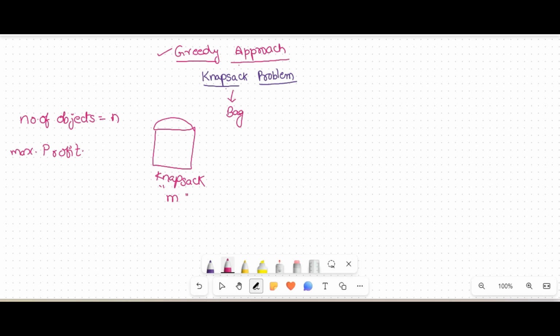That is the main objective of the knapsack problem: we have to get the maximum profit. Now, how do we keep the objects into the bag in such a way that we get the maximum profit?